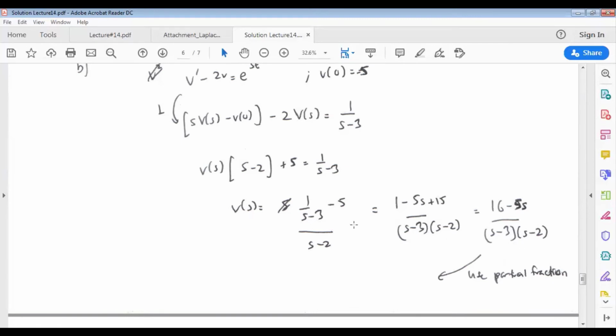Once you have the partial fraction terms, you can use the inverse Laplace transform to find v(t). I don't have to find v(t) for you. I believe from this step you can proceed further with the partial fraction and the inverse Laplace transform to find v(t). You can do this on your own.